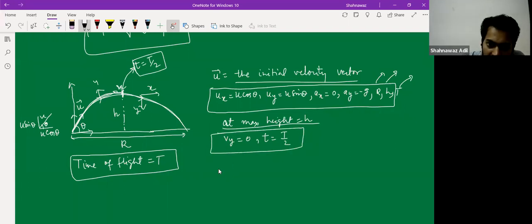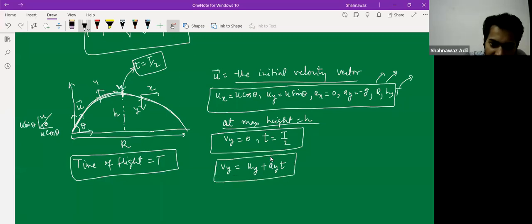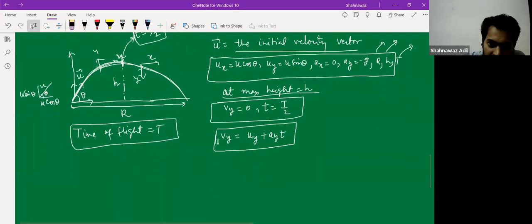Vy will be uy plus ay t, right? Any doubt? No, sir. So Vy at maximum height is 0, and your uy is u sine theta.